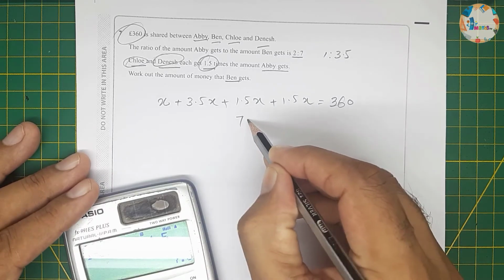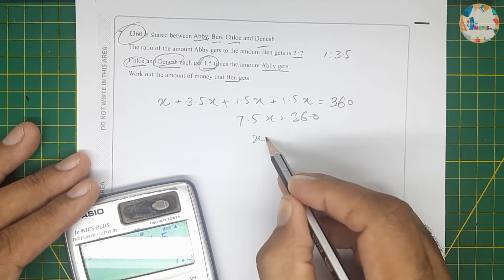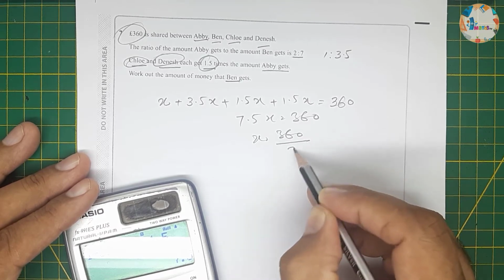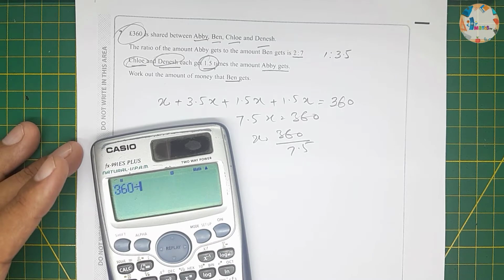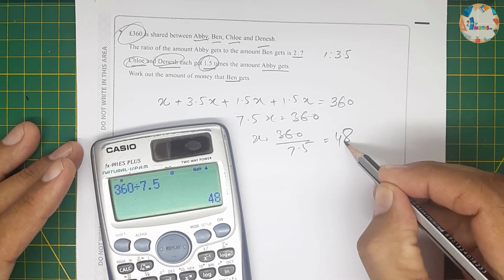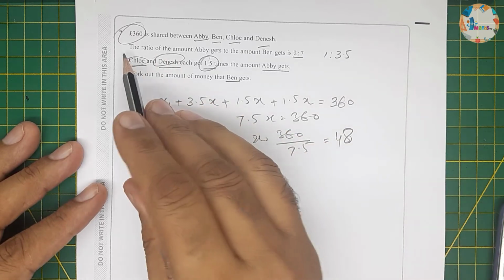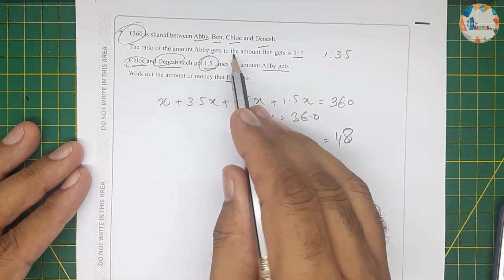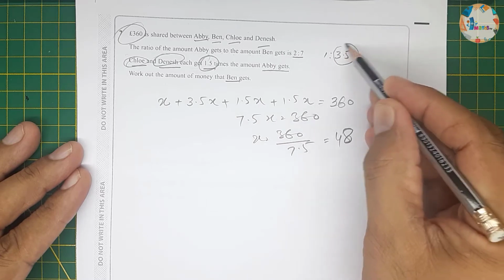So 7.5x is equal to 360. So x will be equal to 360 divided by 7.5, which will be equal to 48. 48 will be this one. Now the ratio of the amount Abby gets to the amount Ben, so Ben is 3.5, basically this one.